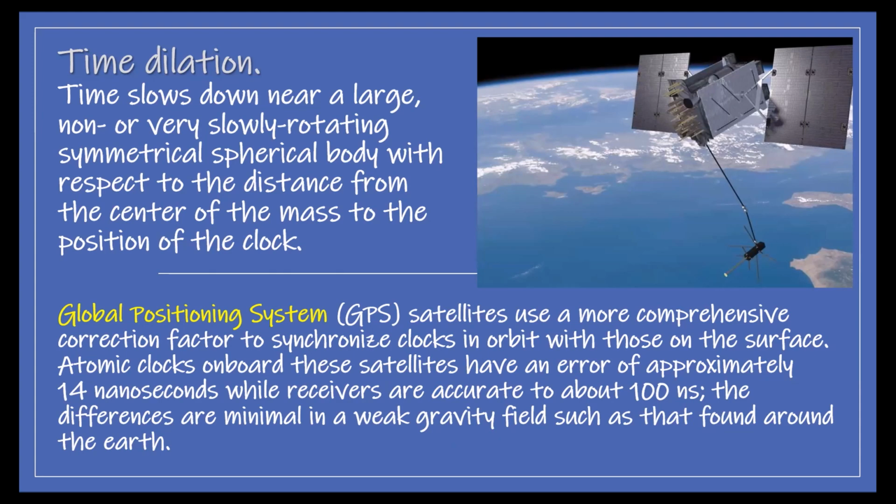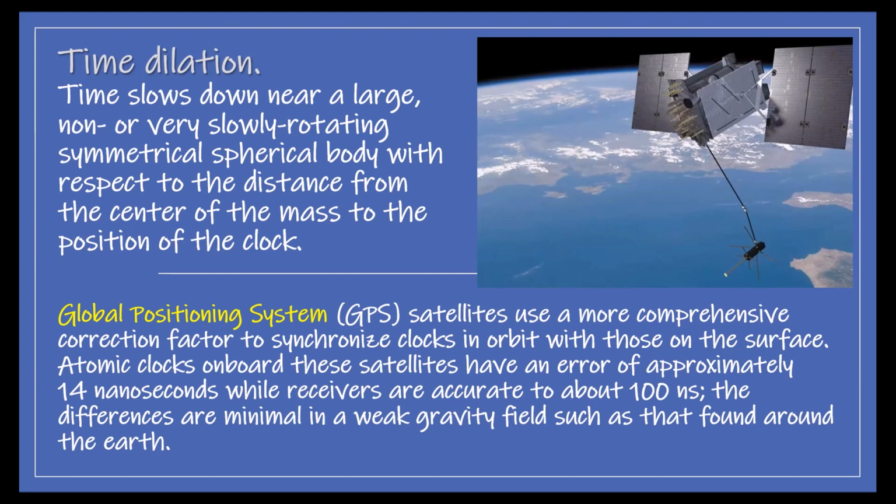However, it also occurs if you have a non or very slowly rotating symmetrical body, and you can measure it with respect to the center of mass to the position of the clock. And the reason this is important, it's very subtle, you don't really measure it much, but the reason it's important is because all of us who rely on GPS, which accounts for all of us, we actually have to program the global positioning system, satellites, and the receivers to take into account gravitational time dilation.